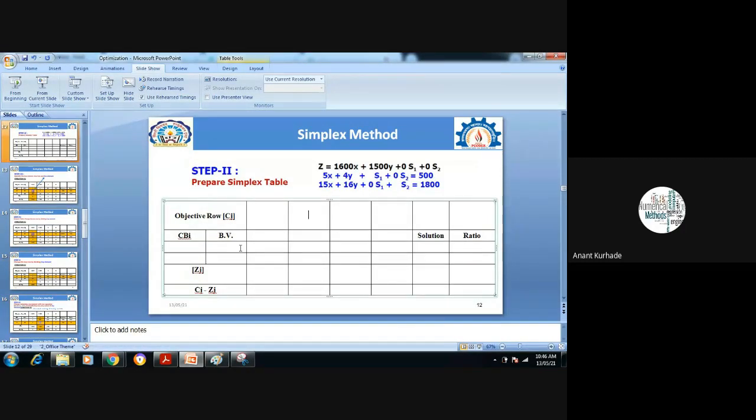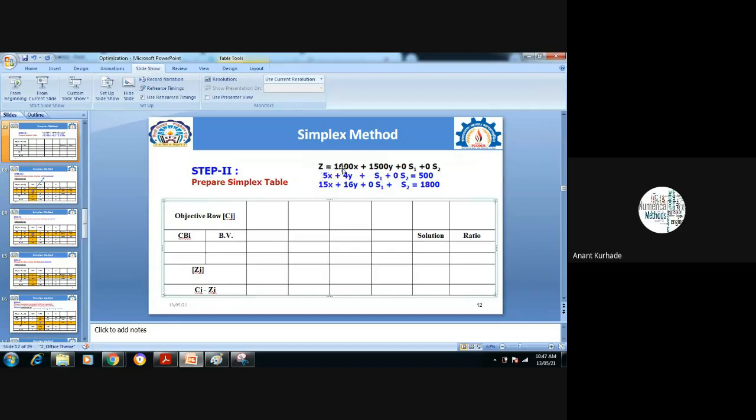Basic variables, and in the objective row, Cj, you can see the coefficient of variables from the objective function. Remember this, Cj means the coefficient of variables from the objective function, and basic variables means variables from the objective function. So here write down the variables from the objective function.